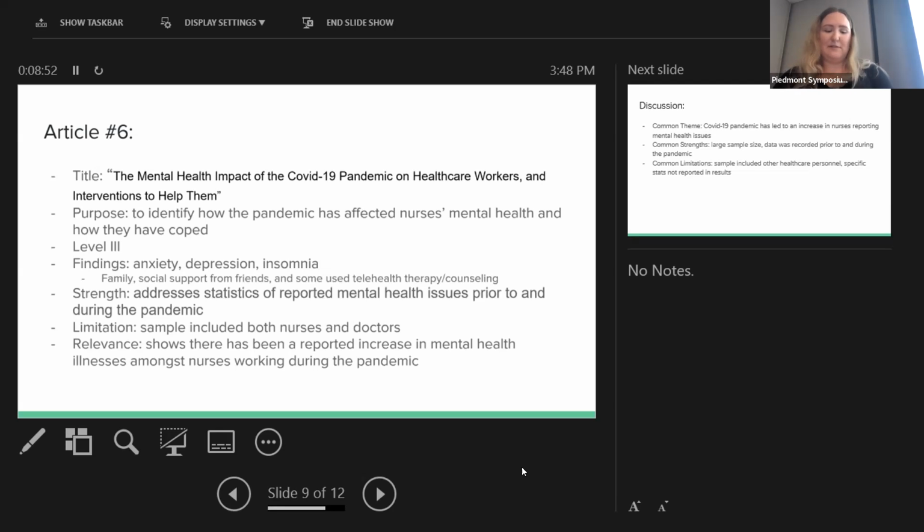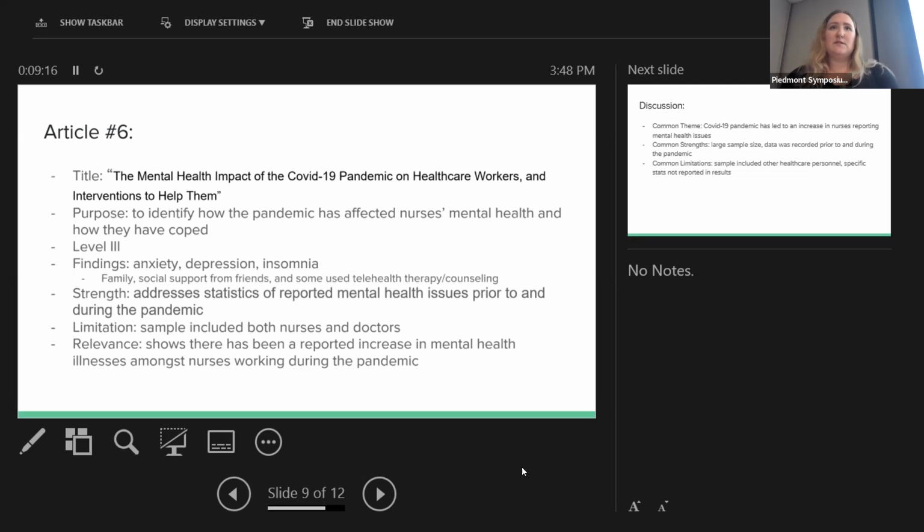That's just baffling to me. And 49% of them reported developing depression, and 31% reported developing insomnia due to the conditions of the pandemic. They said that 80% had utilized support from family, 65% utilized social support of friends, and 13% utilized telehealth therapy or counseling to cope with this.